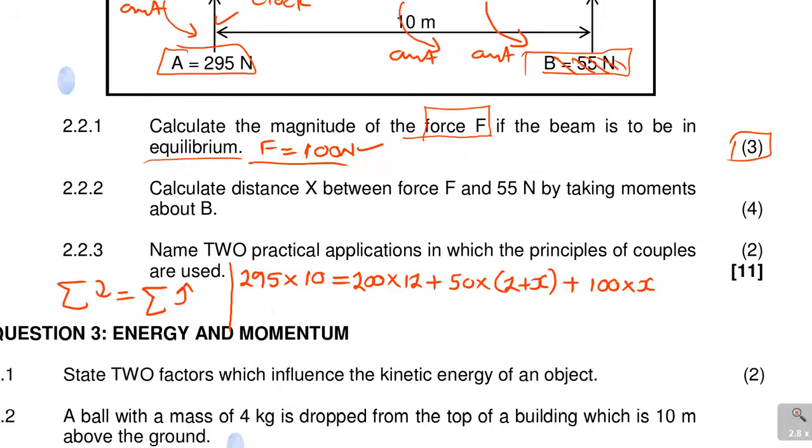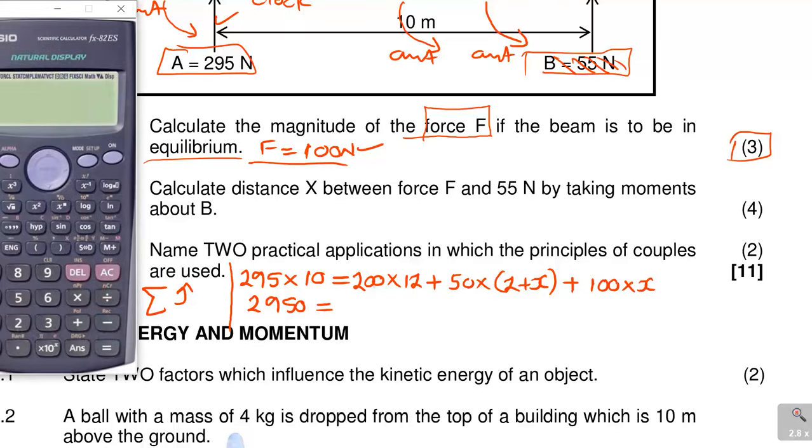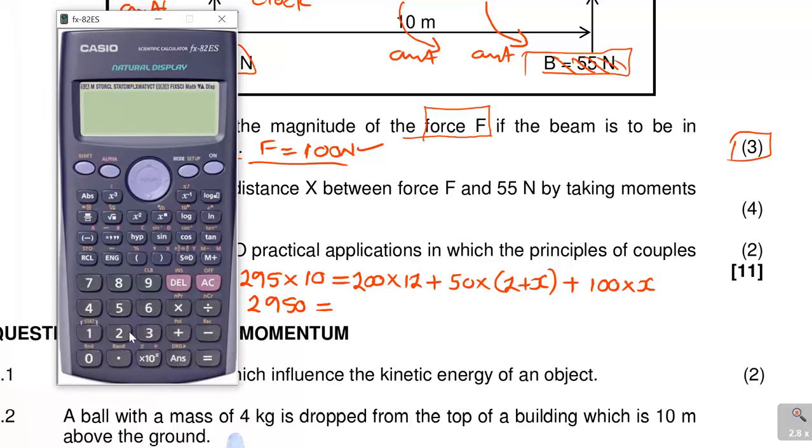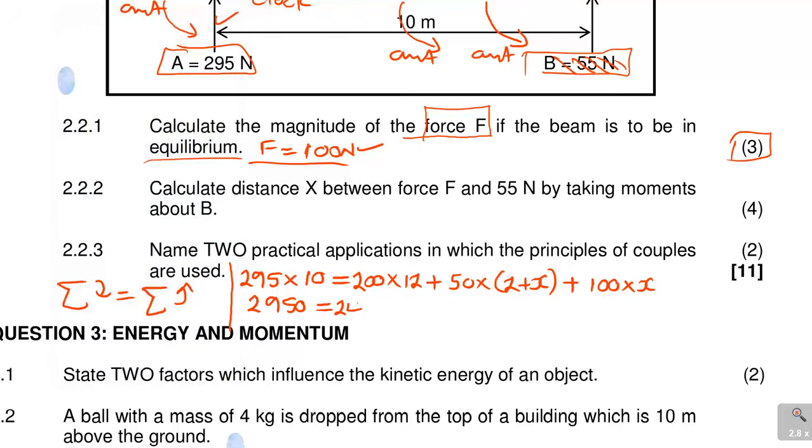So what I do is 295 times 10 is 2,950, is equal to 200 times 12, which gives me 2,400, plus you open that bracket, 50 times 2 and 50 times x. 50 times 2 is 100, plus 50 times x is 50x, and then plus 100 times x is 100x.